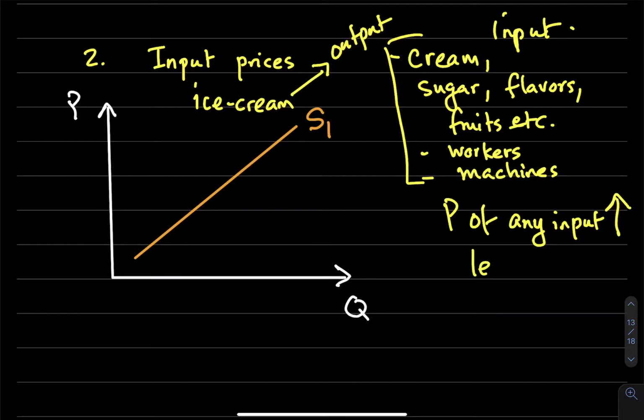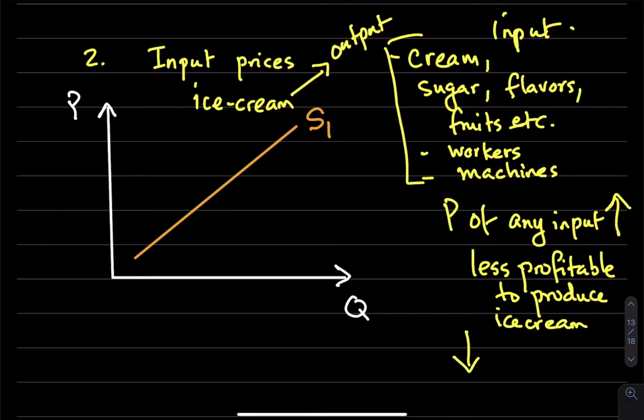Okay, so it's less profitable to produce ice cream, and suppliers might respond by decreasing supply, because it's more costly to produce ice cream. And if the input prices are rising substantially, a firm might shut down completely and supply no ice cream at all.